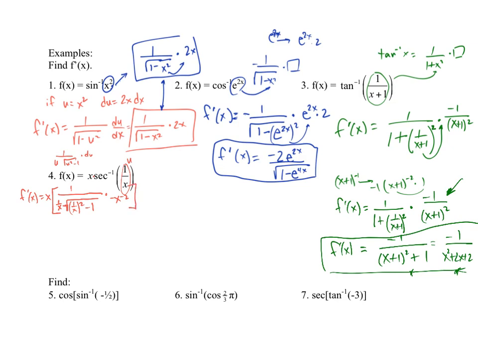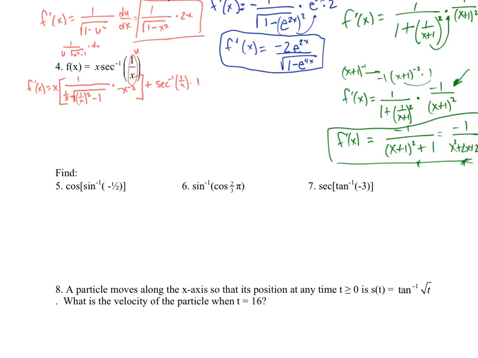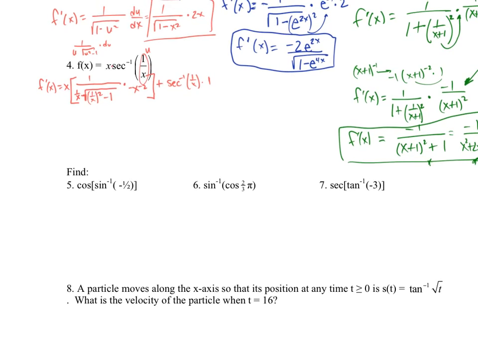So first times the derivative of second, plus the second, inverse secant 1 over x, times the derivative of the first, which is 1. All right, let's see what we got. Let's slide this up a little bit. Trying to clean this up now. So we did the derivative, now let's see if we can clean it up.